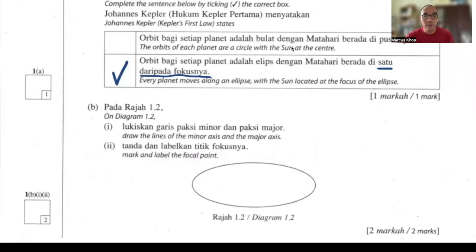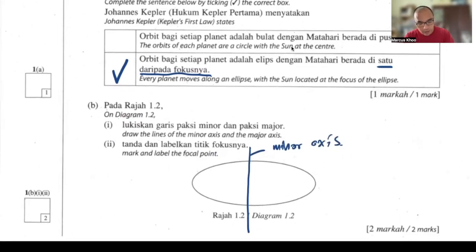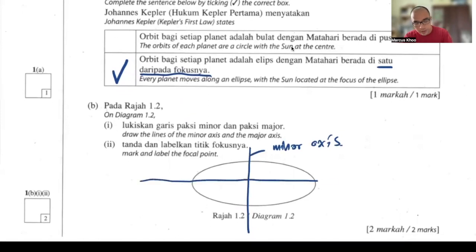On diagram 1.2, draw the lines of the minor axis and the major axis. So the minor axis is this. And then the major axis is the one that cuts across like this. This is the major axis. Then mark and label the focal point.